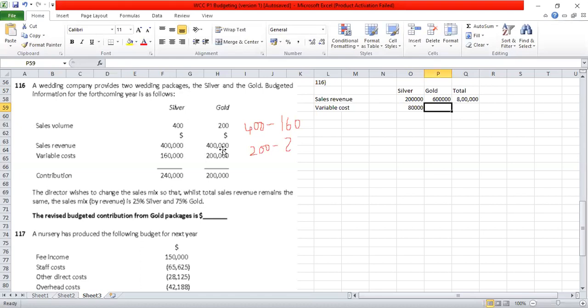So 600,000 into 200,000 divided by 800,000. Did I make a mistake?